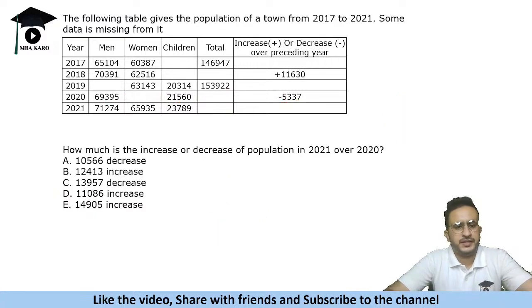How much is the increase or decrease of population in 2021 over 2020?